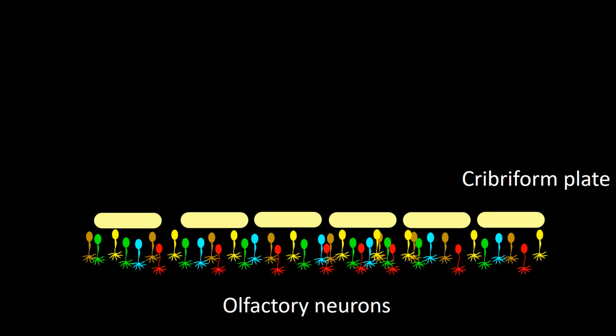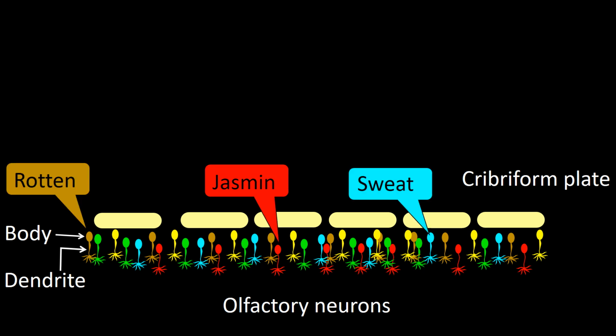And now I have removed the mucosa and the mucus so we can appreciate them better. I am now indicating the bodies and dendrites of the olfactory neurons. The different colors indicate the different and specific submodalities of a stimulant they perceive.